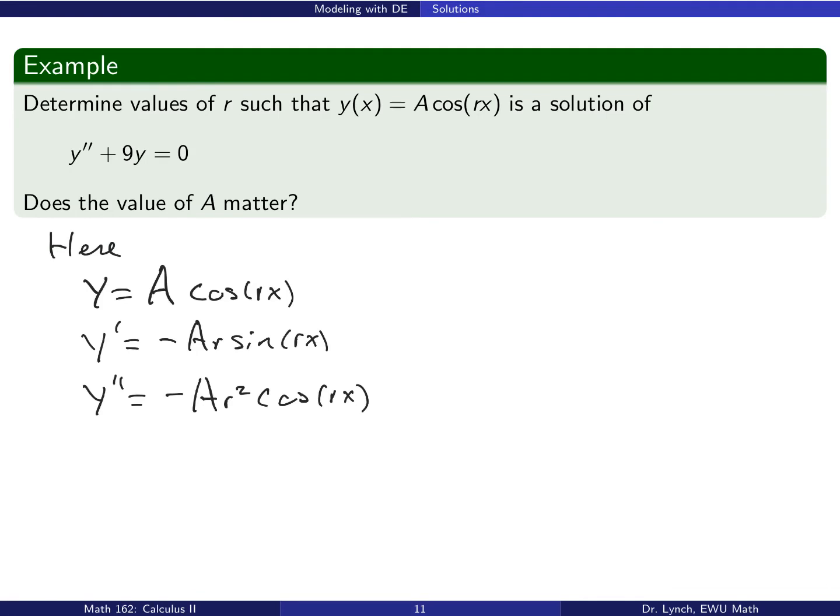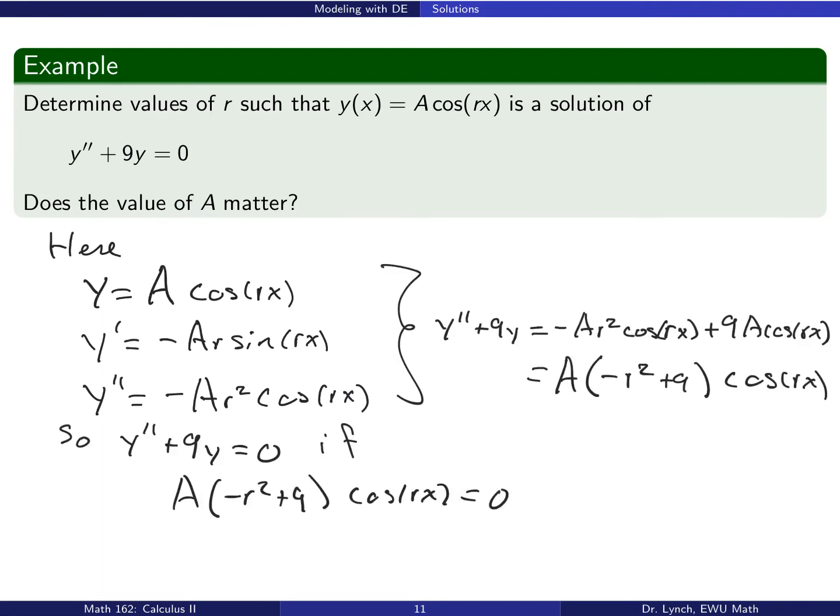So here we see the original function. Of course, to get the second derivative, you need the first derivative, and the second derivative turns out to be minus a times r squared times cosine of rx. Plugging in, we see that the equation simplifies, and it turns out we can choose an r to make this equation true.